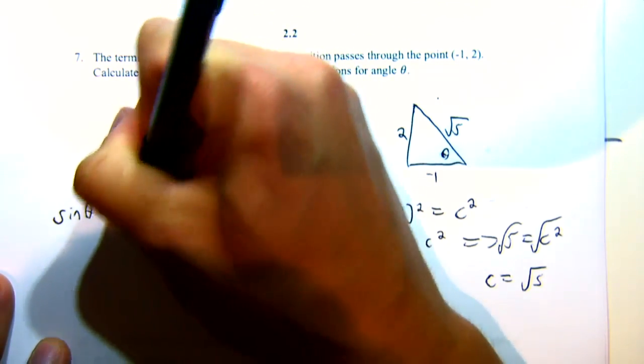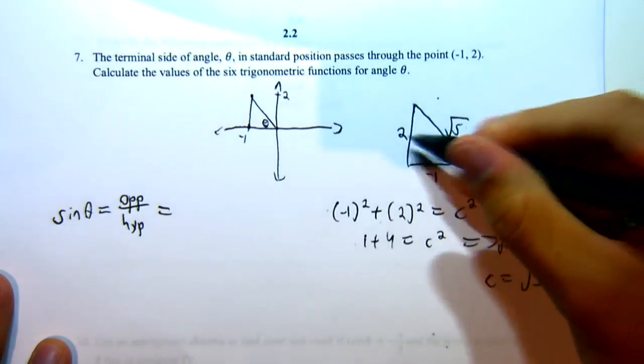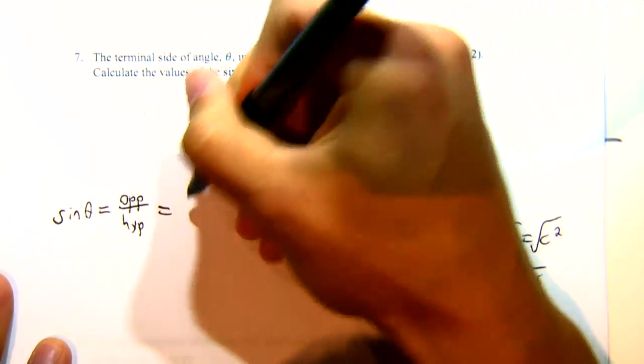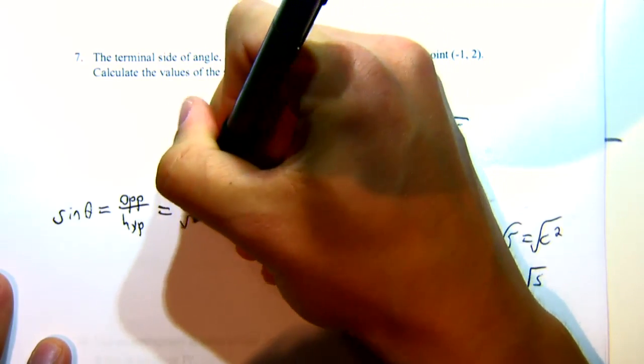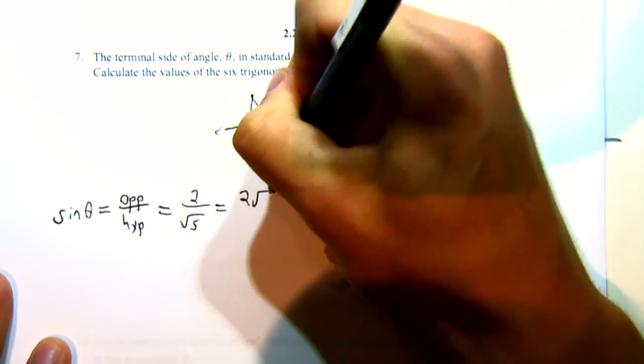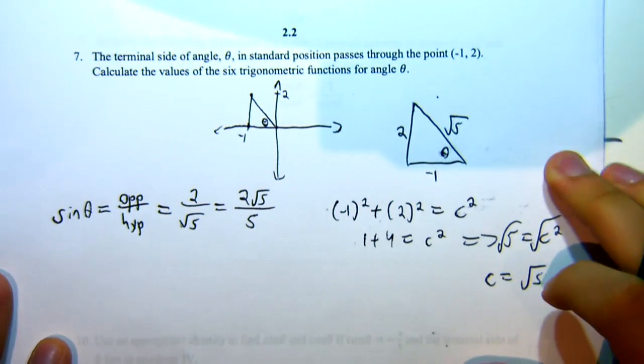So we look here, opposite is 2, hypotenuse is square root of 5. So 2 over square root of 5. We need to rationalize this, so multiply by square root of 5 over square root of 5. And we end up with 2 square root of 5 over 5 for sine theta.